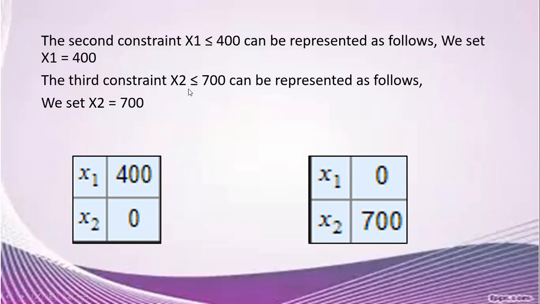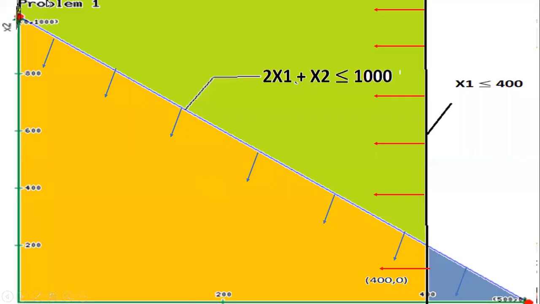The third constraint is x2 less than or equal to 700. That you will get a coordinate as 0, 700. Now plot these values along the x-axis and y-axis.